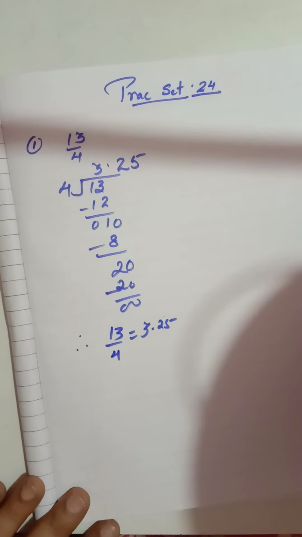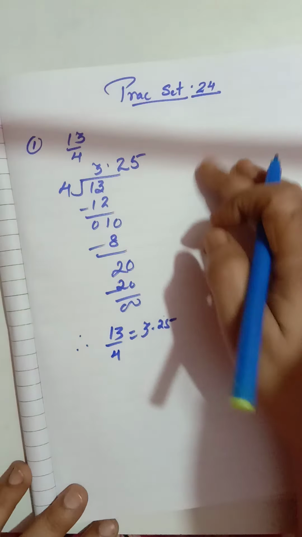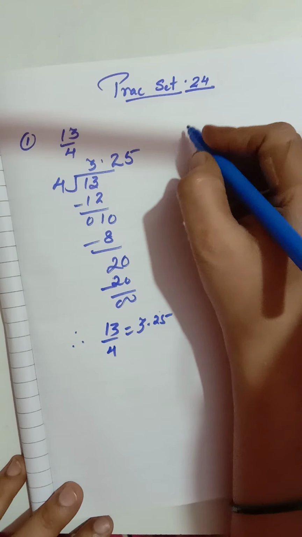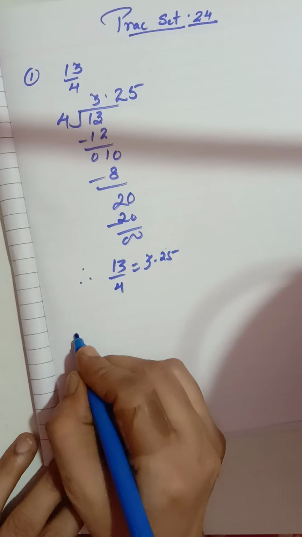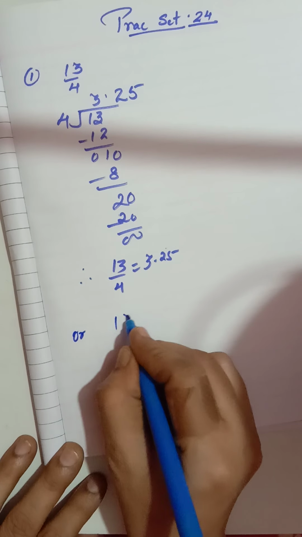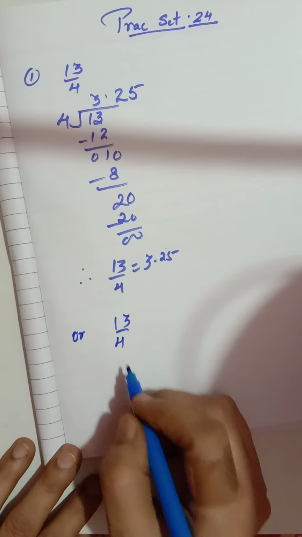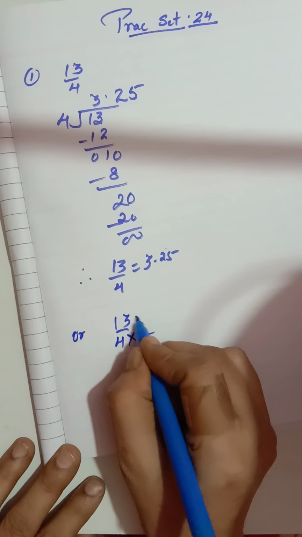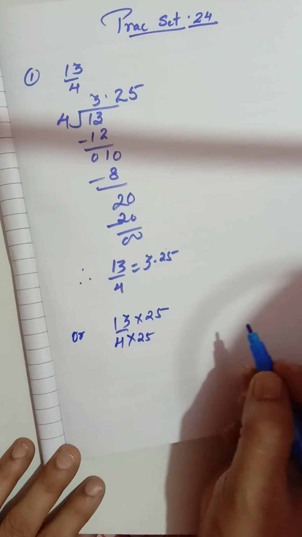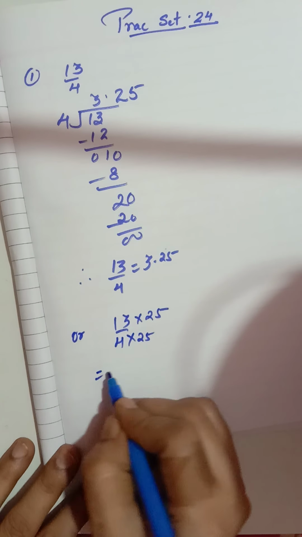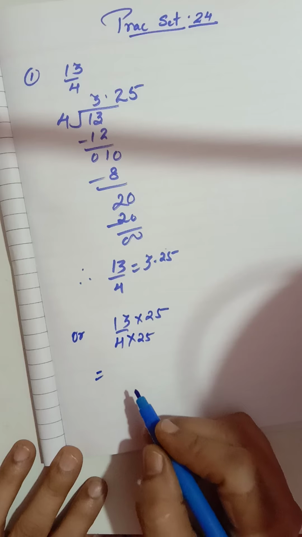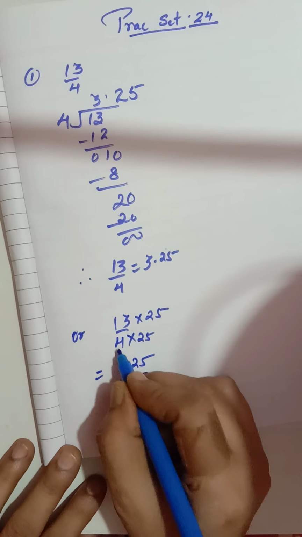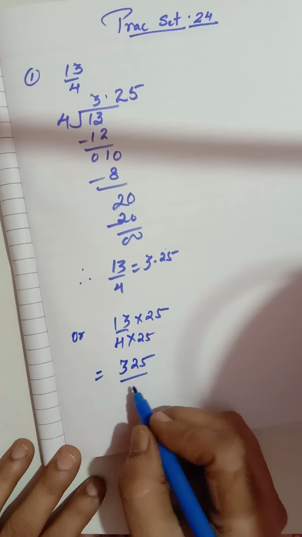Now see, children, there is one more method, but you will mostly do by the division method, that will be easy. Here I am doing the second method, 13 upon 4. Now if I multiply this 4 by 25, and this also by 25, this will become 13 into 25. 13 25s are 325, and 4 into 25 is 100.